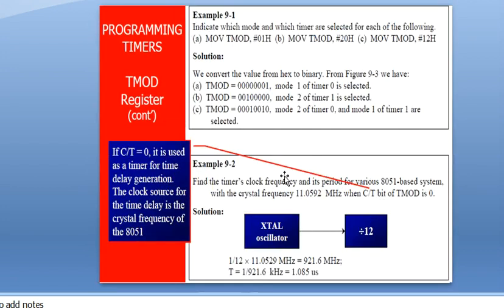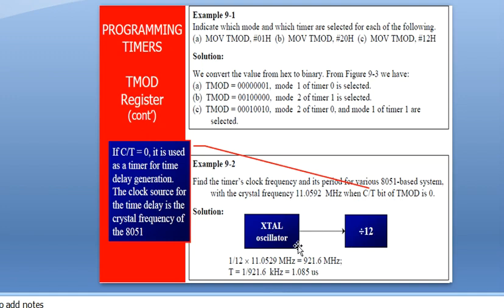Similarly, here is one more example. Find the timer's clock frequency and its period for an 8051-based system with a crystal frequency of 11.0592 MHz, when the C/T bit of TMOD is 0, right?